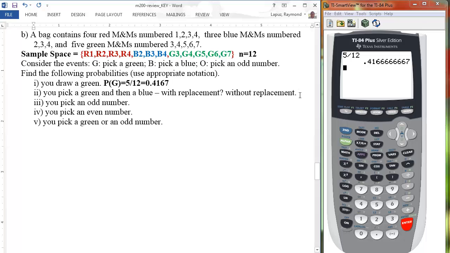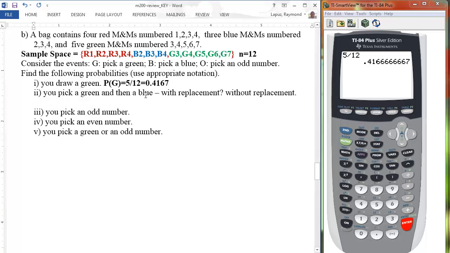Now the next one is looking for the probability that you pick a green and then a blue with replacement. First we need to figure out the probability of picking a green. We already got that. And then what's the probability of picking a blue with replacement? So let's consider with replacement first. The notation for that is the probability of picking a blue, provided that we've picked the green already.